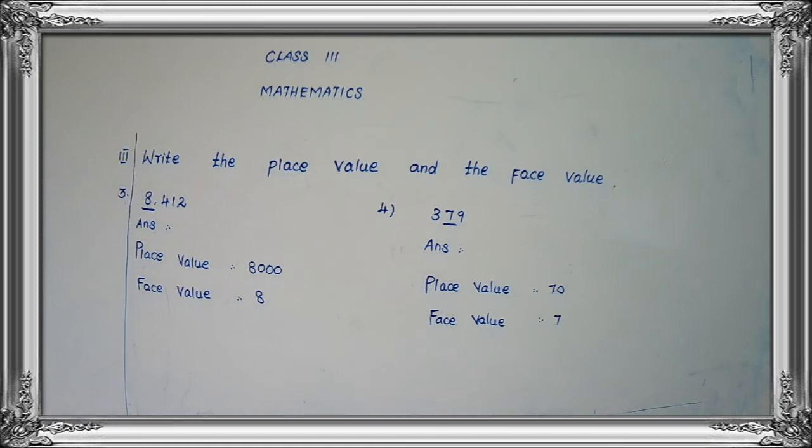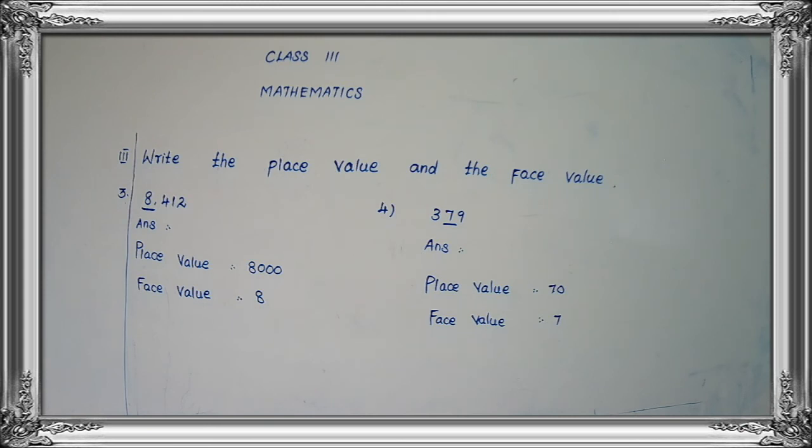7455. Which number is underlined? 4. Okay, the face value is 4. The place value is 400. 4 is in which place?